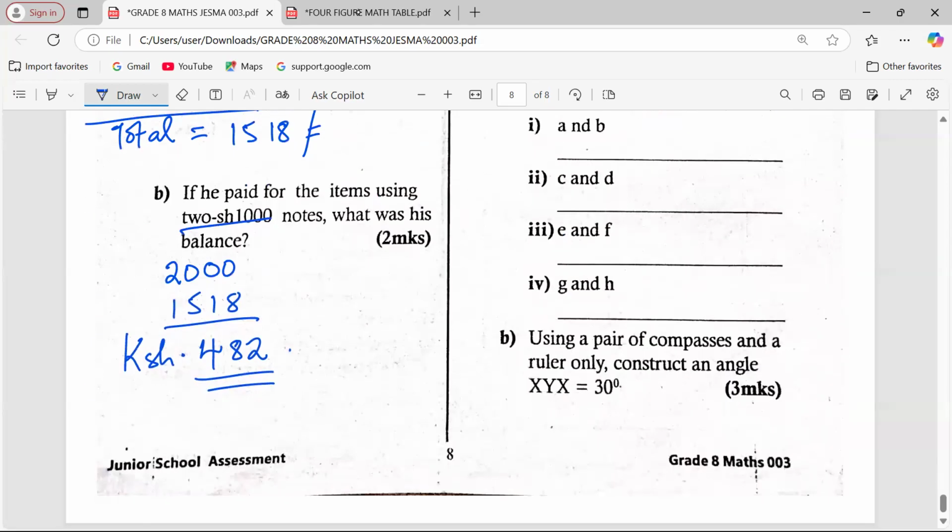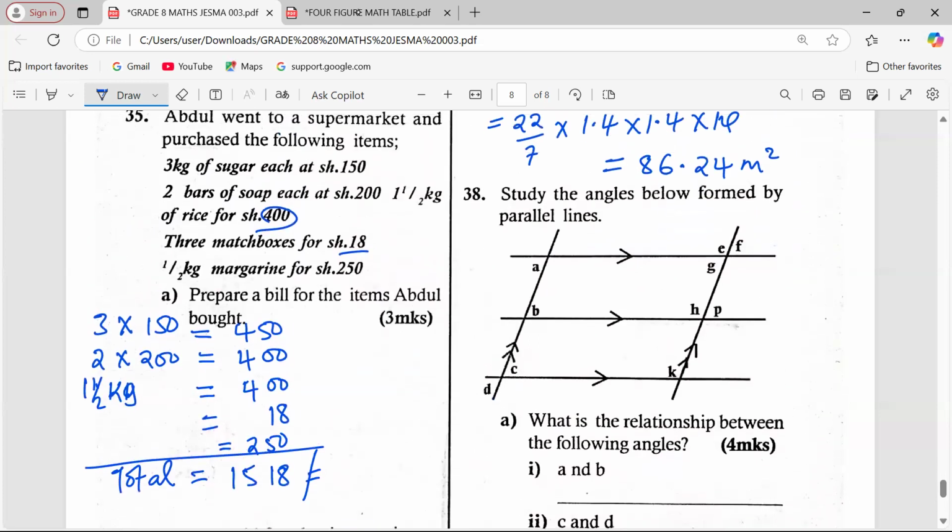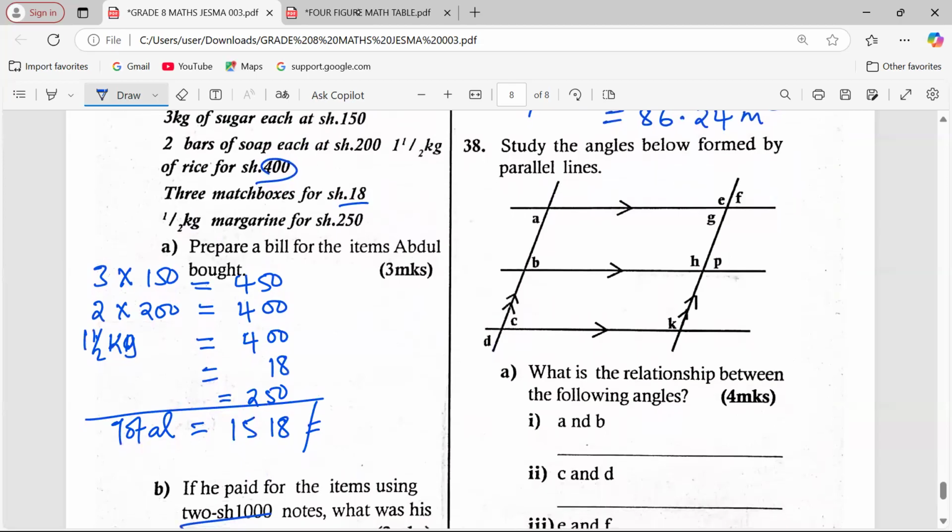Then in number 38, part A, study the angles formed below by parallel lines. So these are parallel lines, together with this and this one. We can also see that the parallel lines are these ones. The others will become transversals.